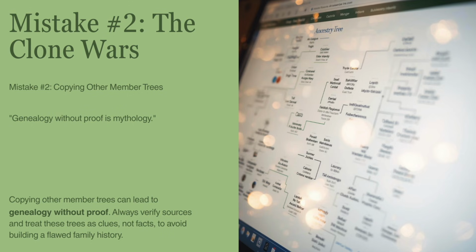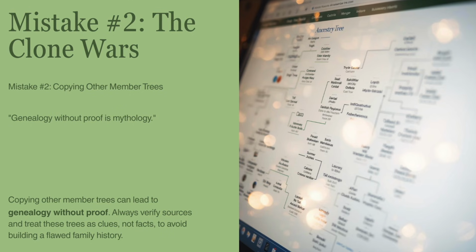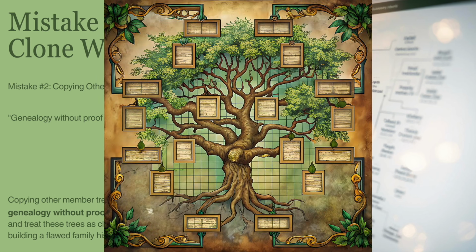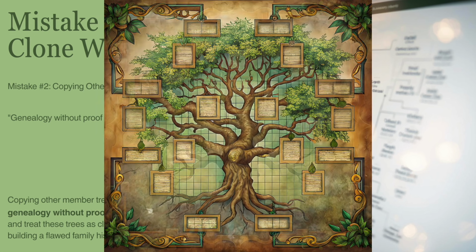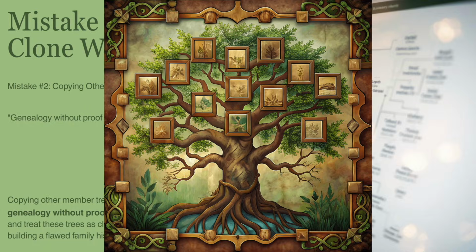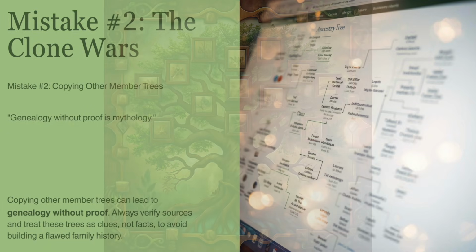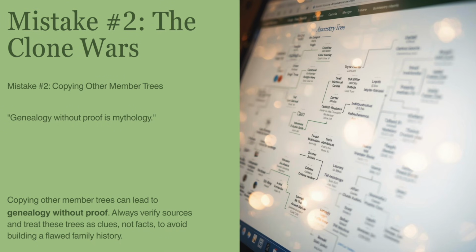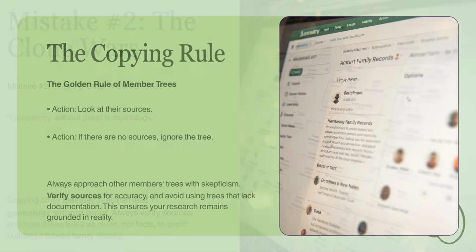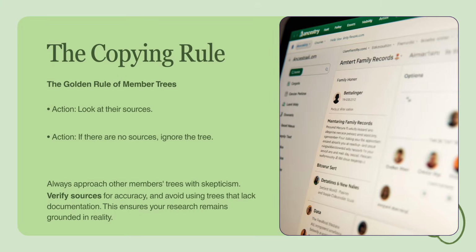When you copy a tree, you're copying all of their mistakes, and when someone copies your tree, it creates a feedback loop of bad information. We call this circular genealogy, and this is where bad information becomes systemic. If you see a tree that looks promising, treat it as a hint, not a fact. Look at their profile.